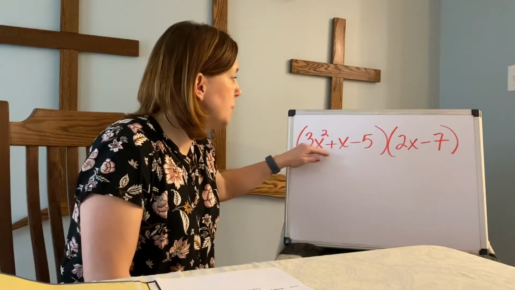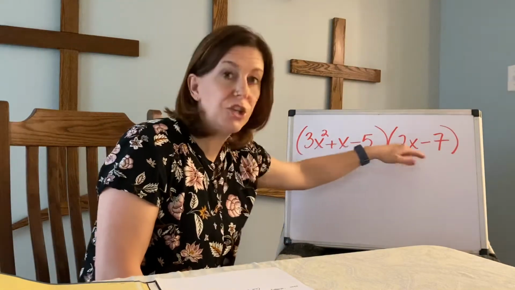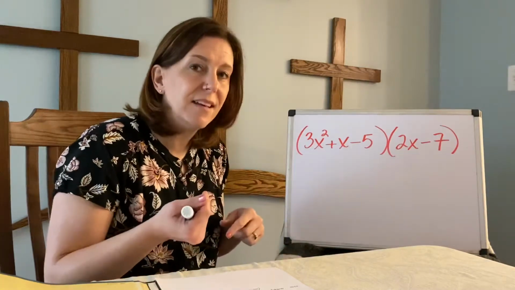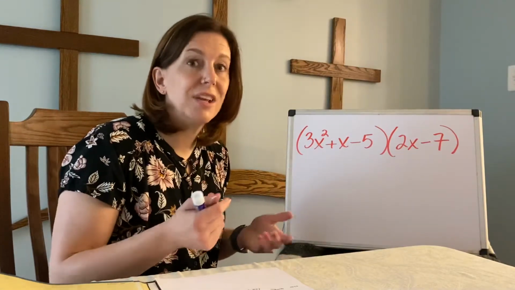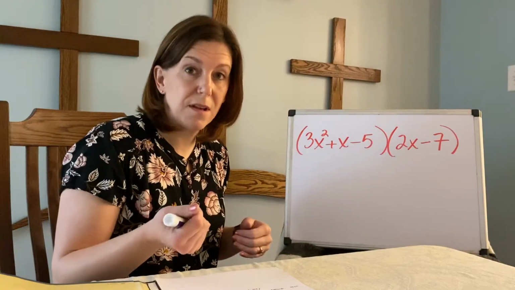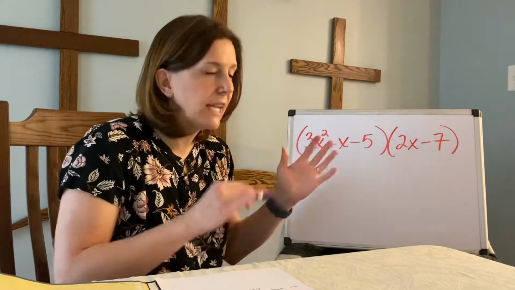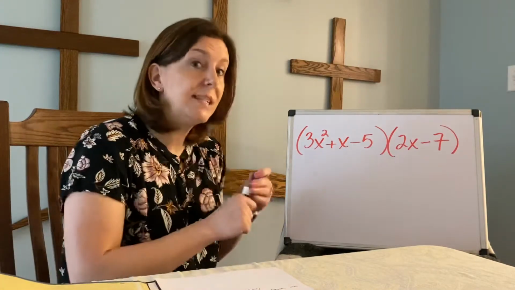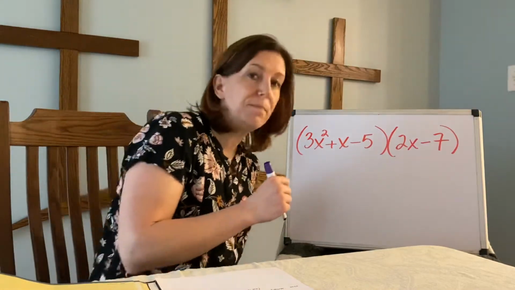Today, I'm going to be multiplying 3 terms by 2 terms. So how many terms should I get my first time through? I should get 6 terms. Then I'm going to have to look for any common terms that can be cleaned up to get my final answer. So like I said, today we're going to think through distribution.